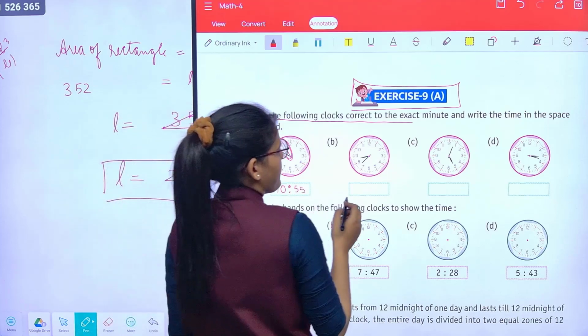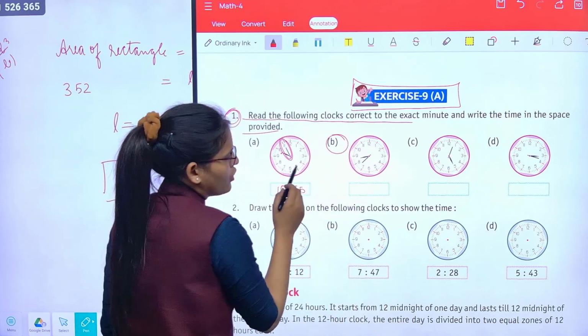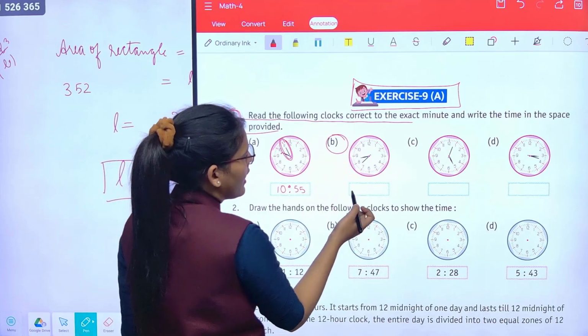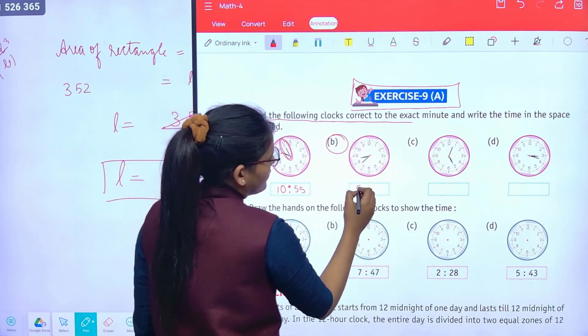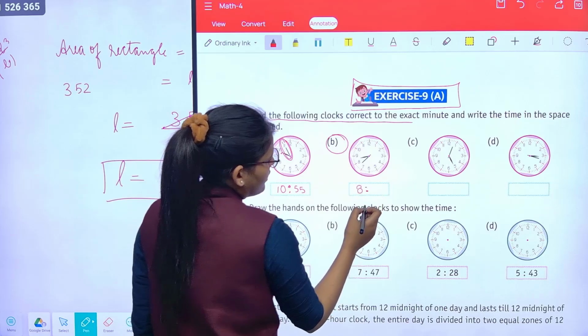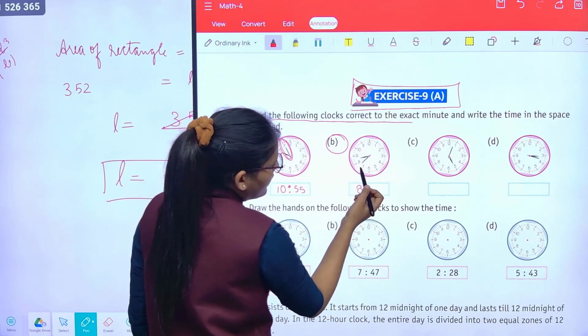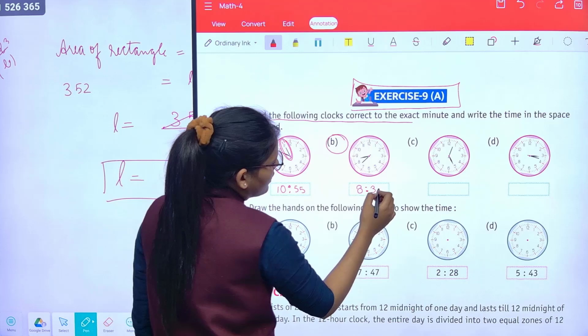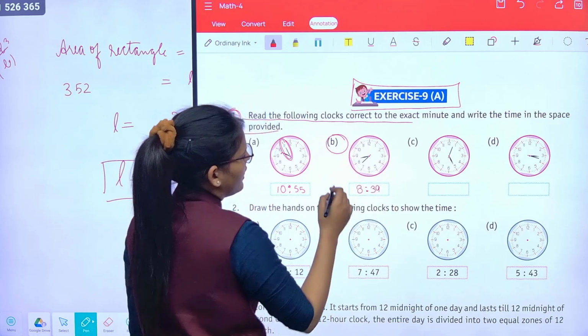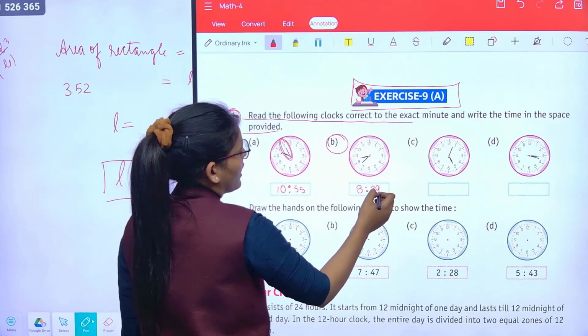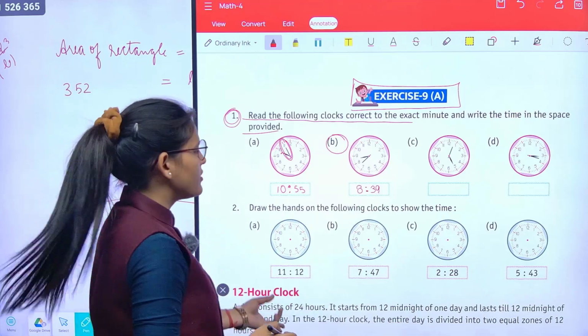Now in this clock the shorter hand is between 8 and 9, so 8:30 and 8:39. Okay class, rest of the parts do yourself.